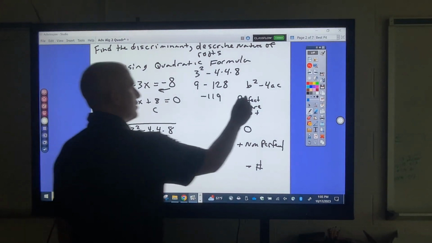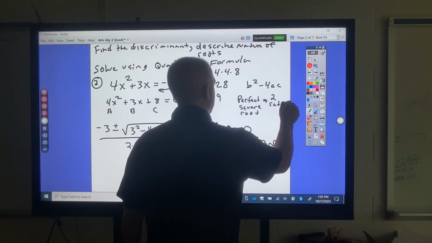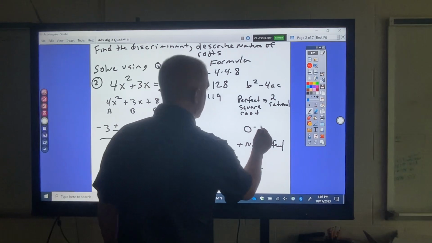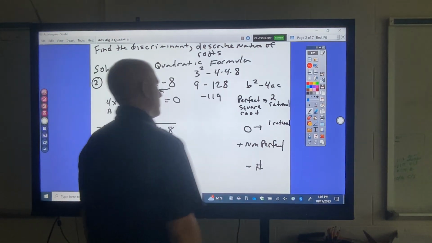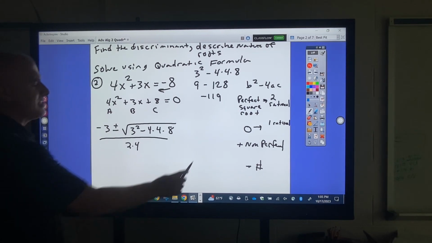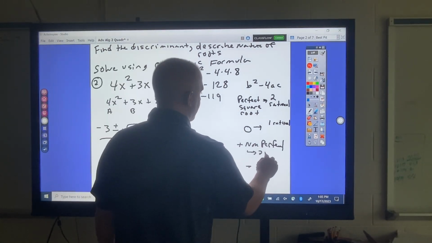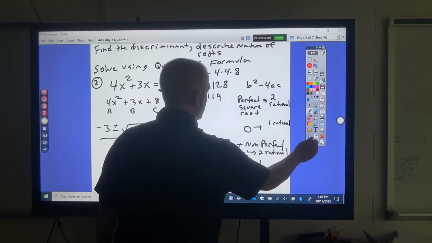If you get a perfect square, you have 2 rational answers. That's the nature of that root. If you get 0, you're going to have 1 rational. If you get a positive non-perfect square, I'm sorry, you're going to have 2 irrational.